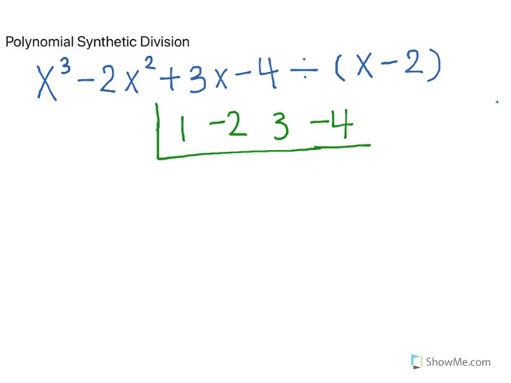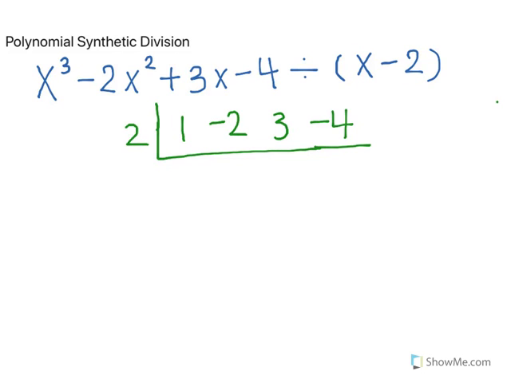For the outside, we take the x minus 2 and figure out what x needs to be in order for x minus 2 to equal 0. Here, x should be 2 because 2 minus 2 equals 0. So, we will put 2 on the outside.